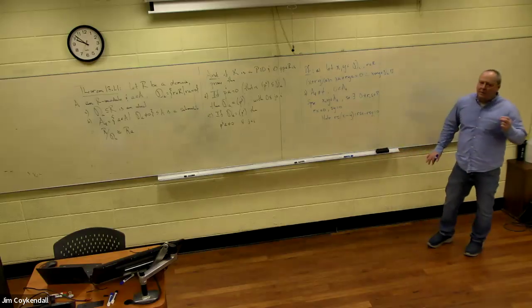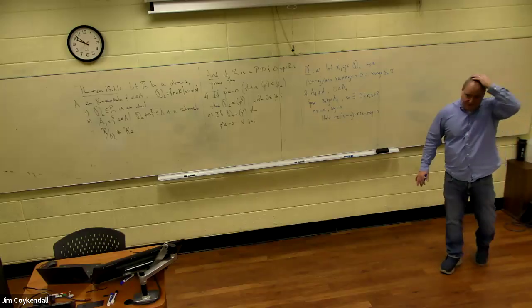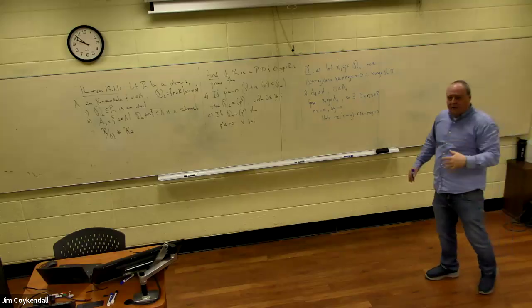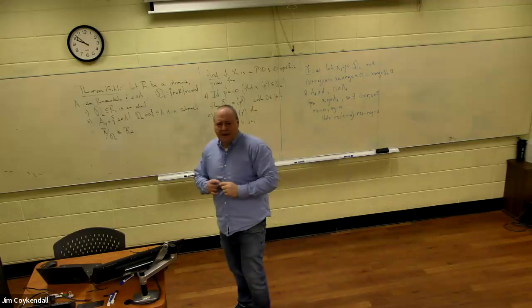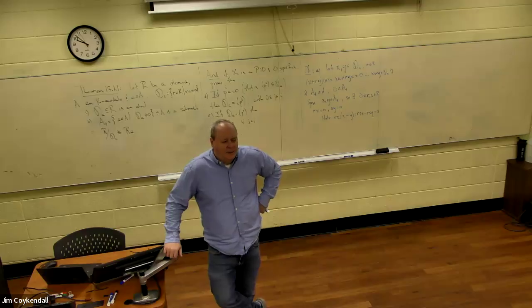But there's one important detail that we should not gloss over here. Anybody know what it is? So we produced an element. Everybody agree we produced an element RS that kills X minus Y. And I want to use that to claim X minus Y is in AT.